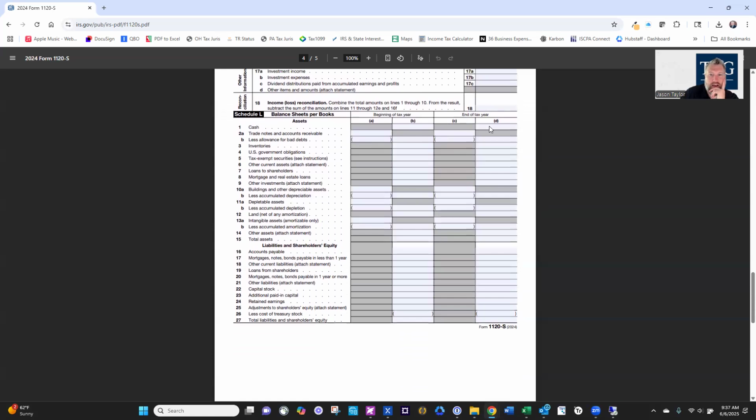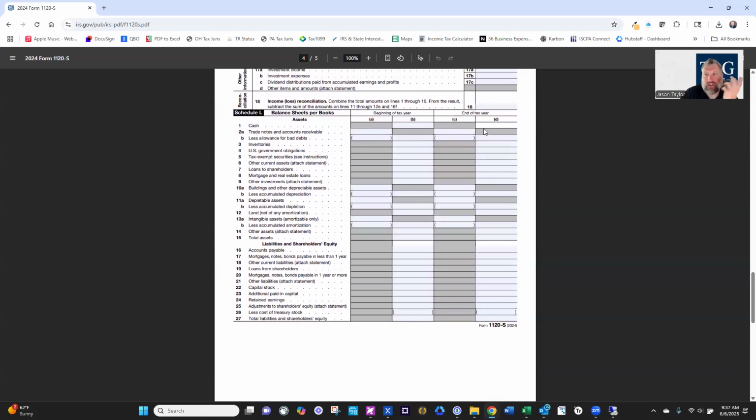But here we have whatever cash you have as of the year end. For most people, that's going to be 12/31. So that's going to be all the cash in savings accounts, bank accounts, checking accounts, and if you have actual cash on hand or in a till or something, it'd be that cash too. Most of this stuff is pretty explanatory.